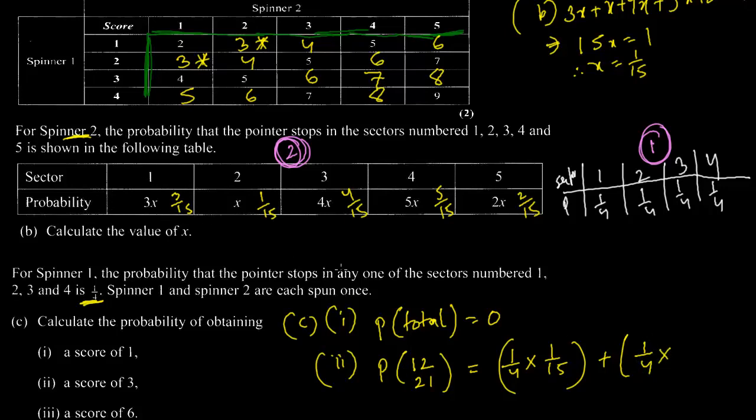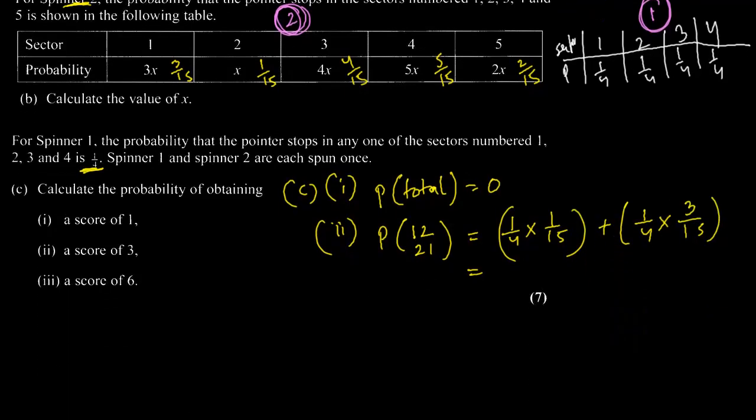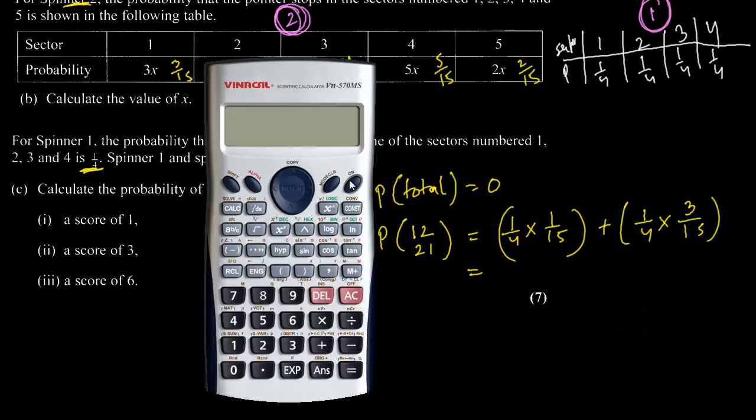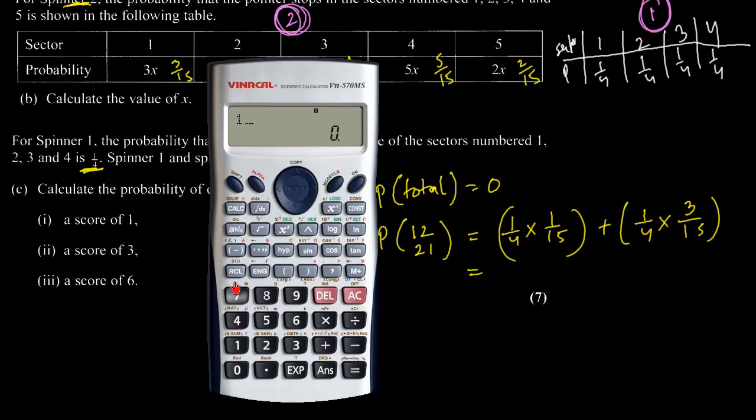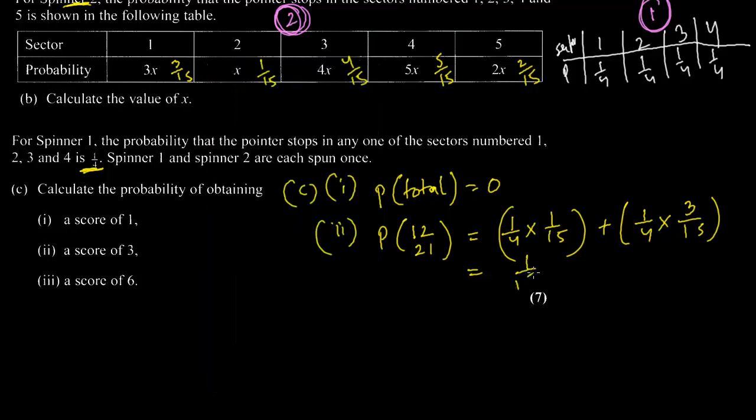The probability of getting a 1 is 3 by 15, which means 1 by 5. So 1 by 4 multiplied by 1 by 15 plus 1 by 4 multiplied by 3 by 15, and the probability turns out to be 1 by 15. So that's the probability, 1 by 15.